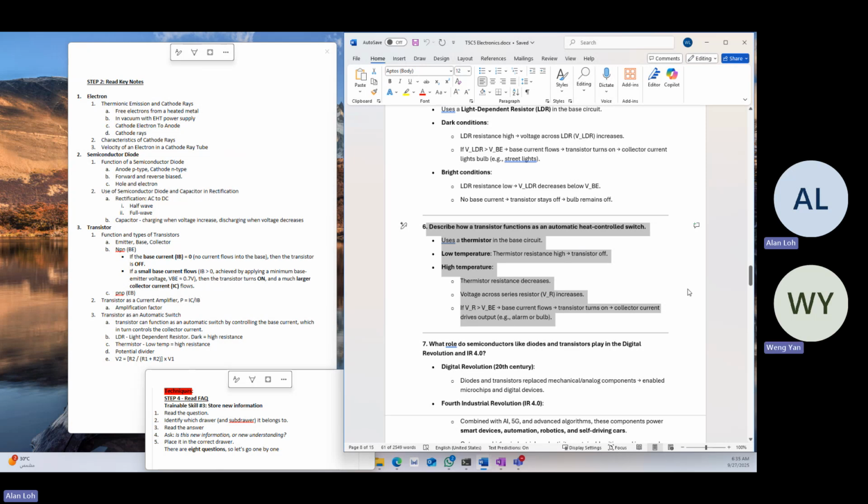Heat control switch. So it's code equals to RP thing. So it's also a third drawer. Base resistor, base.